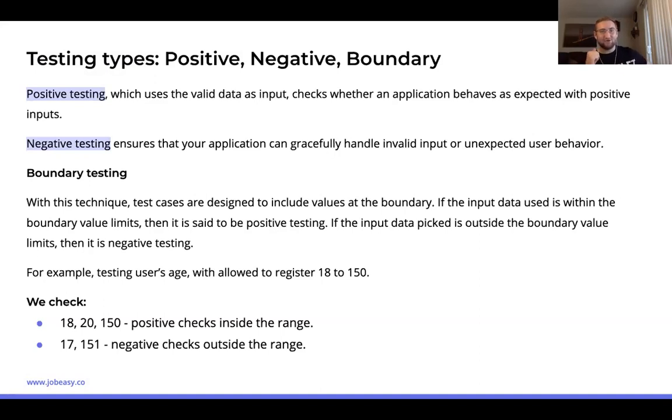Negative testing ensures that your application can gracefully handle invalid input or unexpected user behavior. And then there is boundary testing. With this technique, test cases are designed to include values at the boundary. If the input data used is within the boundary value limits, then it's said to be positive testing. If the input data picked is outside of the boundary value limits, then it is negative testing.